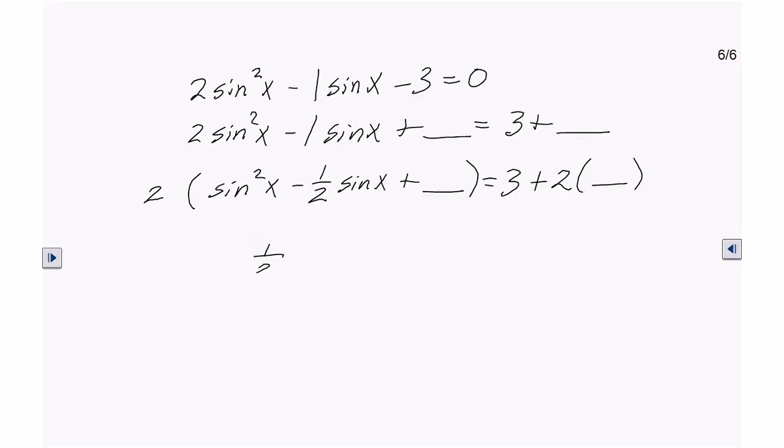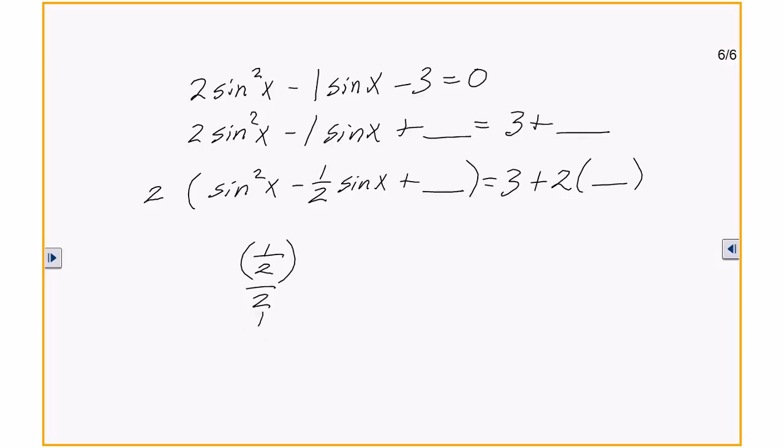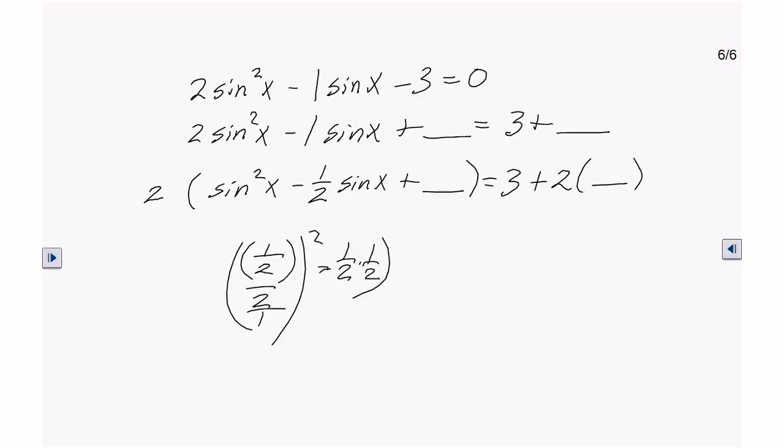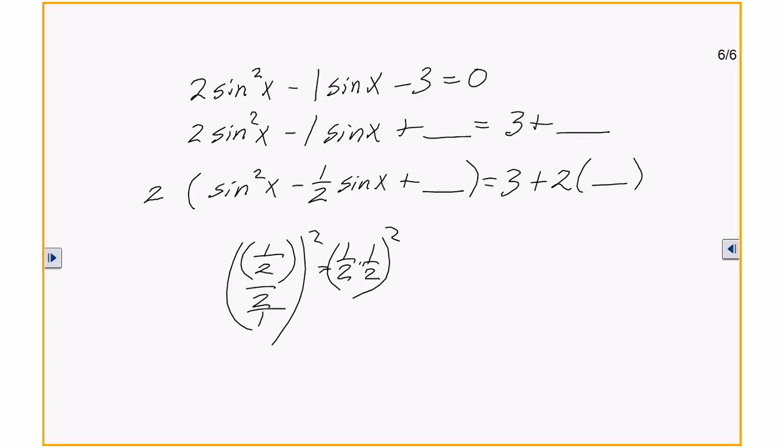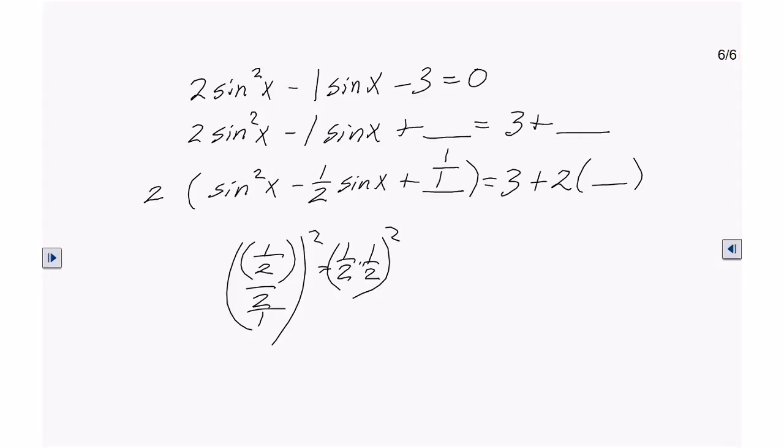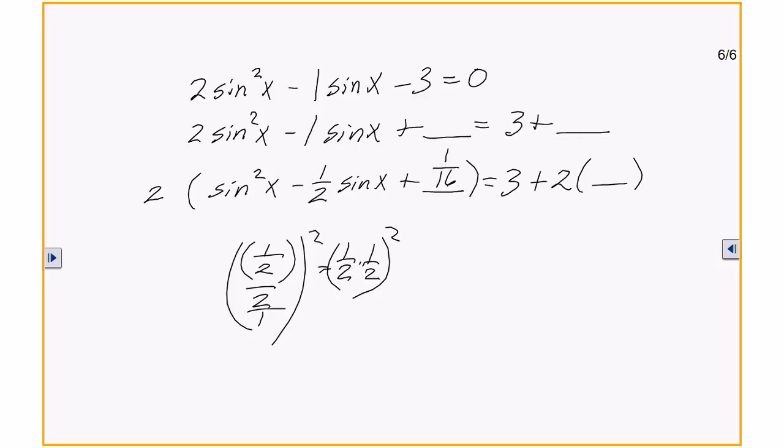1/2 divided by 2 over 1 and square it is equal to 1/2 times 1/2, squared is 1/4. 1/4 squared is what? 1/16.